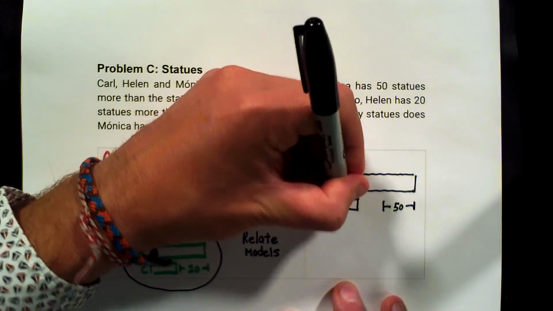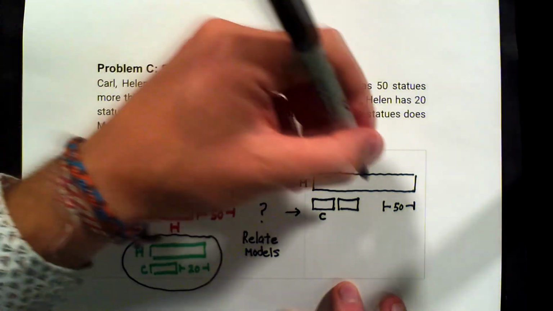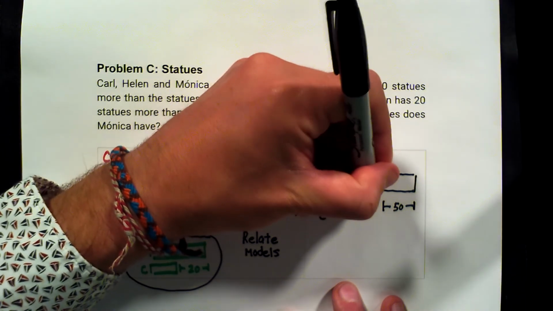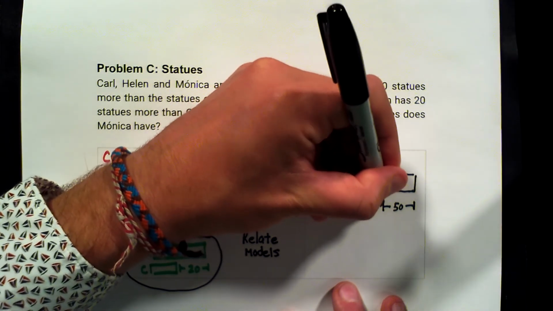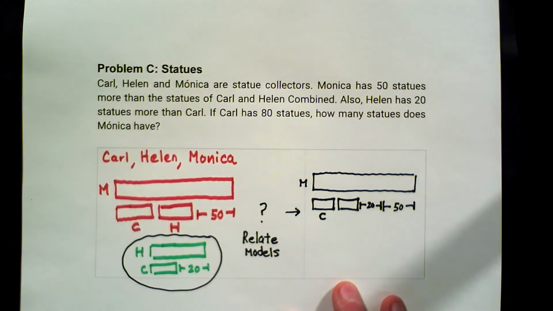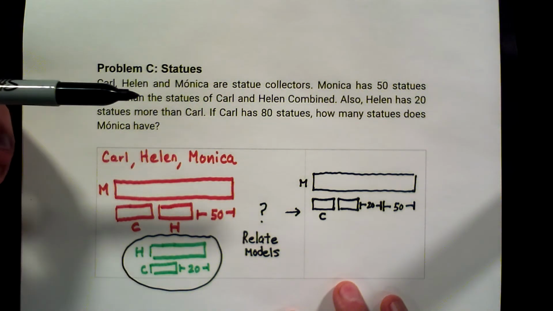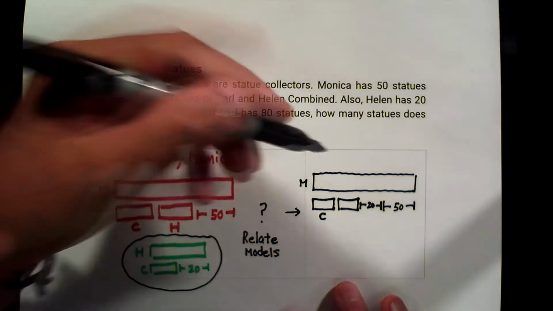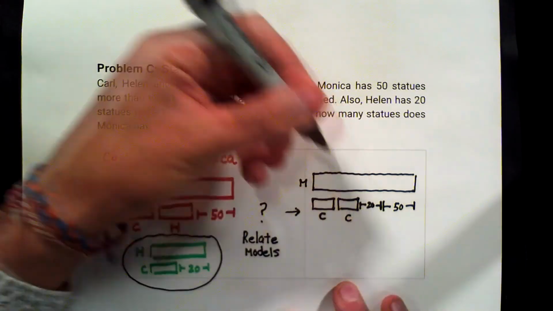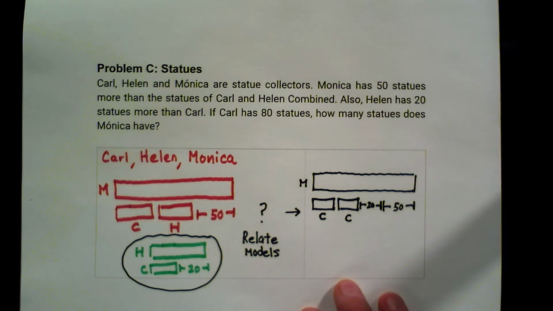And we can do that because it's the same length. So we're doing algebra without the variables, and that's helpful in the beginning. So now we know that Monica is 50 and 20, and Carl, whatever that means.